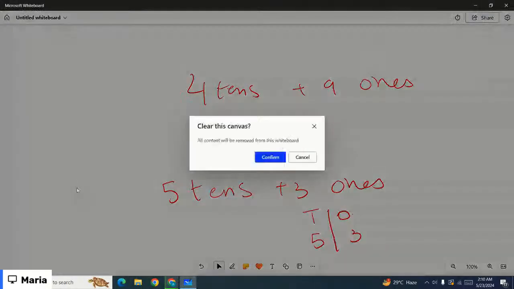Okay, the next example is two tens and 3 ones. Which is the correct option?